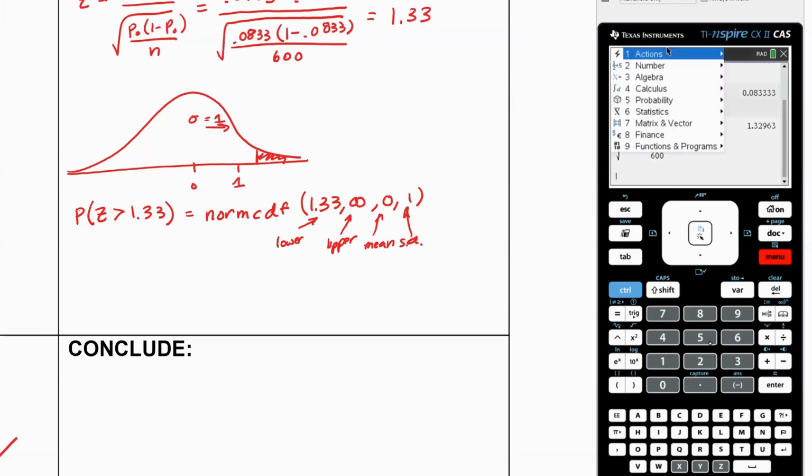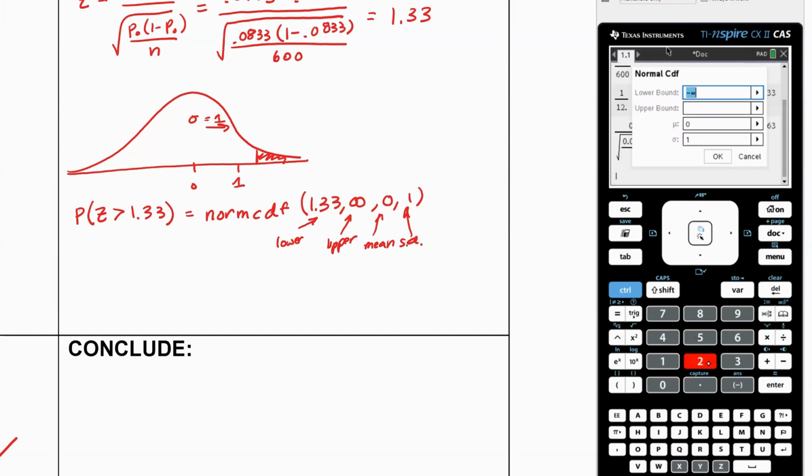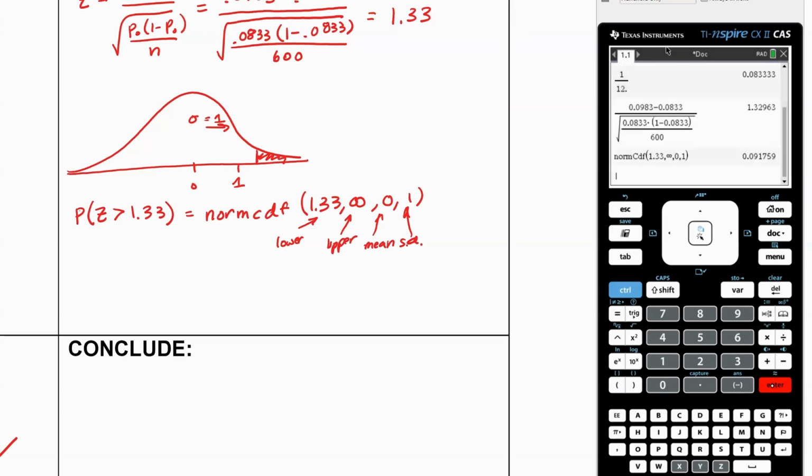Menu, distributions, probability distributions, norm CDF, 1.33, upper bound, infinity, and everything else is good. And we've got a p-value of 0.0918.